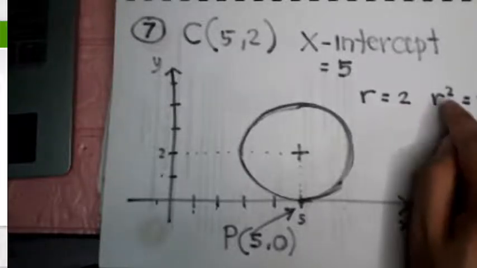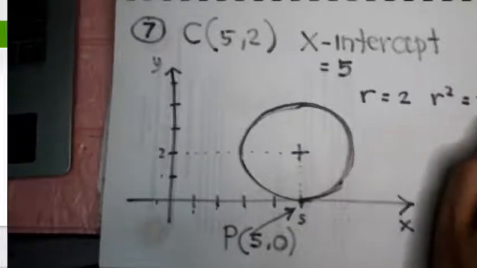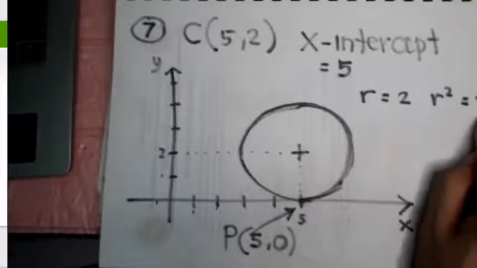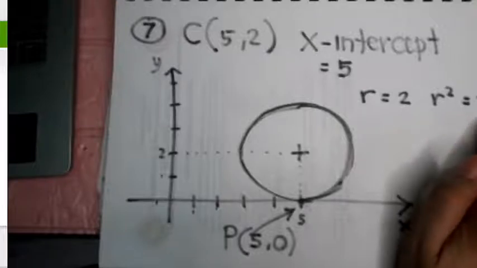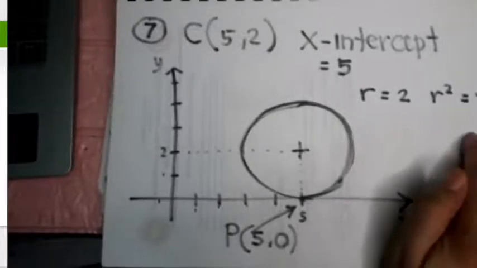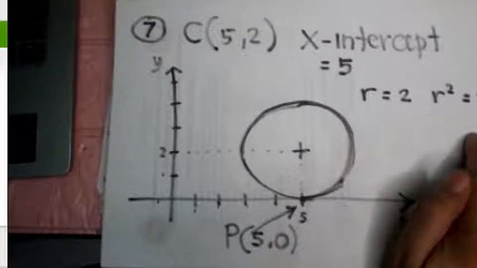Did you get it? Everyone get it? Since we know r squared and we know h and k, we can immediately write down the standard equation.